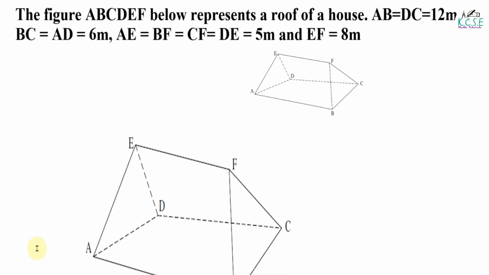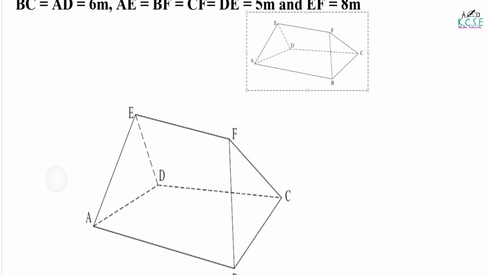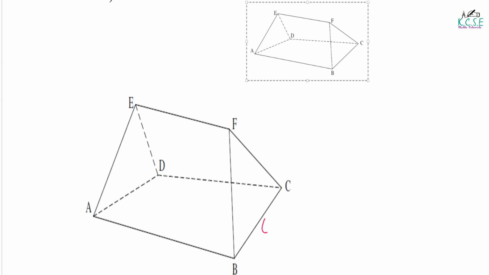So from the diagram, let us fill in the measurements as they are. BC and AD are 6, so this is 6, and this one is 6.